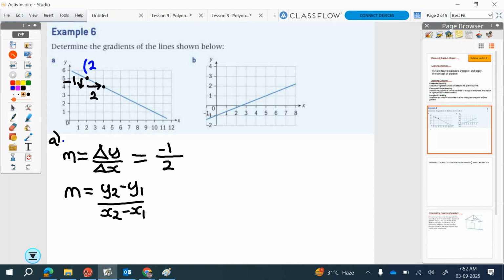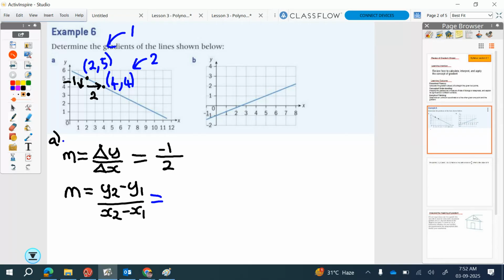This one is at 2, 5, and this one is at 4, 4. You then decide which is x1 and x2. Always use the one to the right as x2, so this one is your second coordinate and this one is your first coordinate. That means your change in x is going to be positive, which is a little bit easier. It won't particularly matter otherwise.